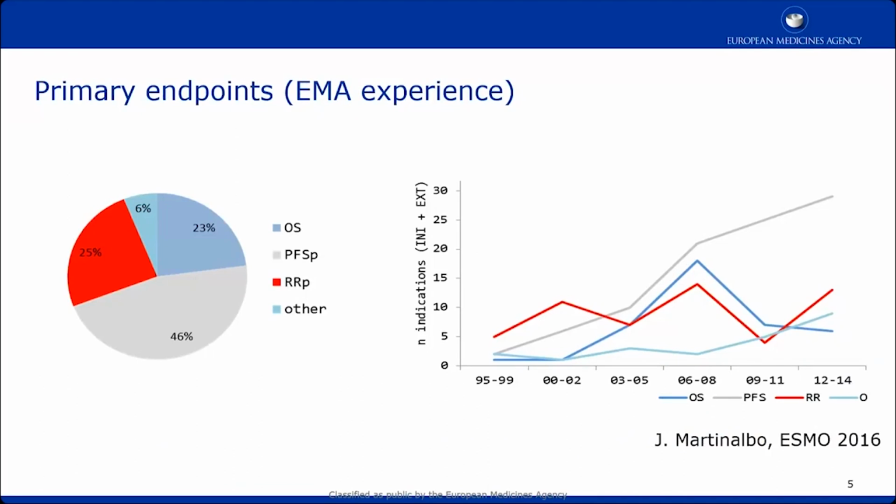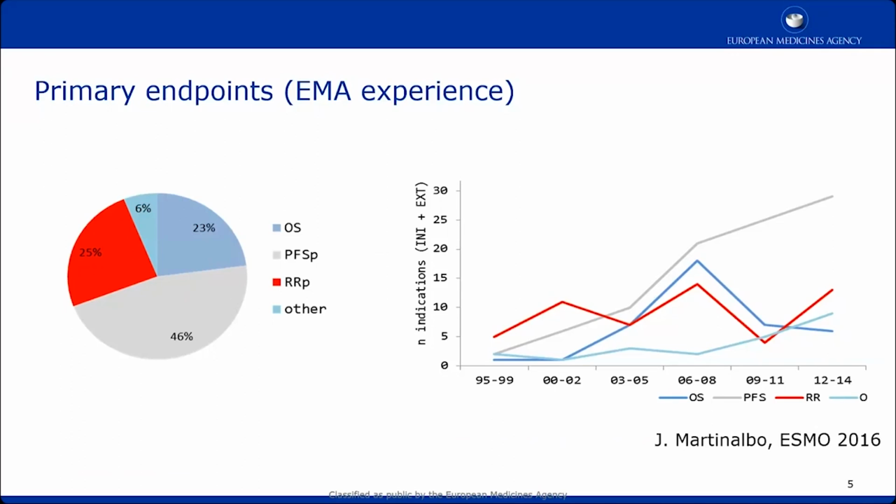If we look over EMA's lifetime, let's say at least the first couple of decades, we see that there have been varying trends. Perhaps the most notable, that some people deplore, others find progressive, is the rise of PFS as primary endpoint. And we're going to see later how that came about.